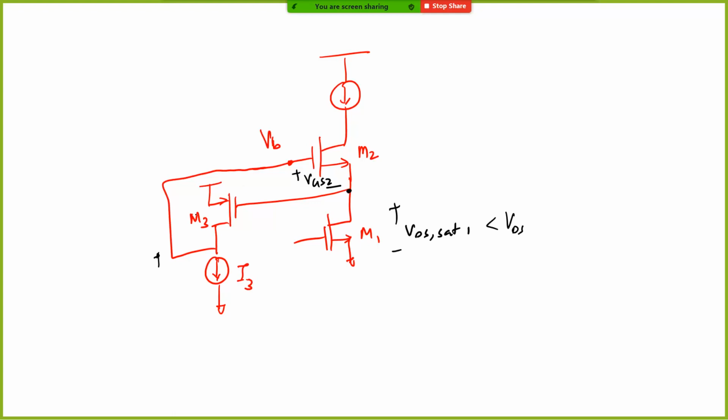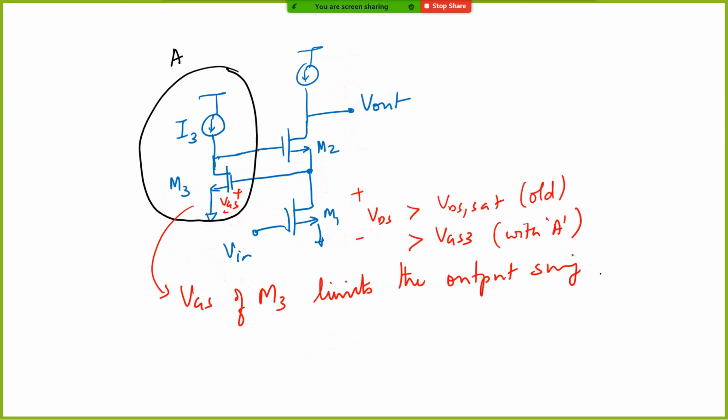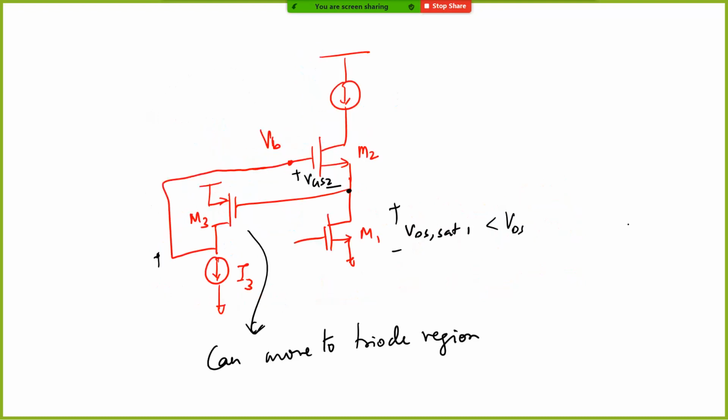So what happens is this M3 can move to triode region. If you use an NMOS, the output swing is limited because M3 has to be on. Now if you use a PMOS, the voltage at the output is high and the voltage at the input is low, and therefore M3 can go into triode region. If it goes into triode region, your amplifier gain also drops.